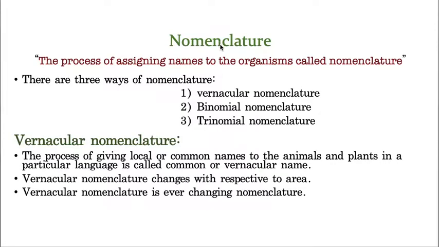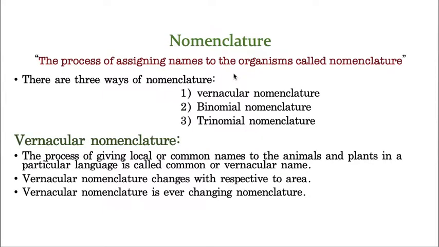Now, the next one is nomenclature. Nomenclature means the process of giving names to organisms. For example, a small boy is given some name, let us take Rakesh. A girl baby is given some name, say Gopika.